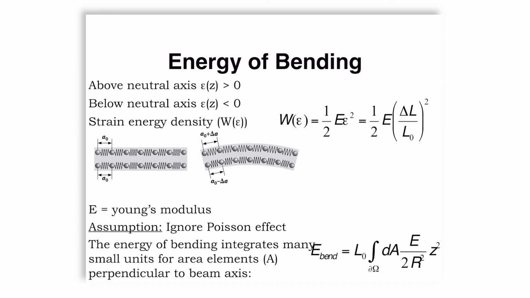So we end up having to write something which introduces a strain energy density term, which is W epsilon, and that can be related as 1 by 2E epsilon square, where epsilon is our strain, and E is nothing but Young's modulus.